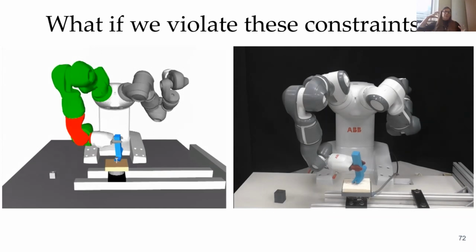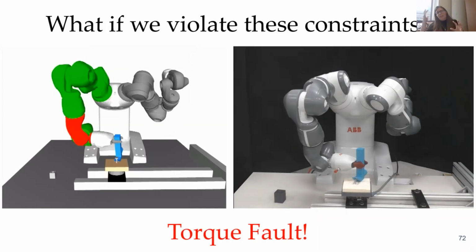Here we color the joints based off their proximity to a torque limit. You see that the robot predicts it hits a torque limit. If you were to run this on the actual robot, sure enough, and I've muted it, it makes a rather unhappy noise and hits a torque fault. So if you don't reason over these constraints, you cannot complete the task.